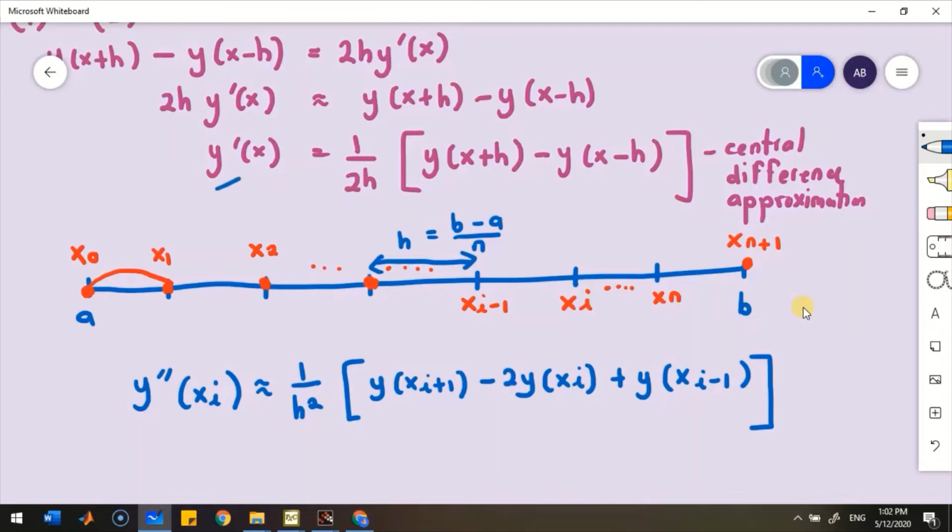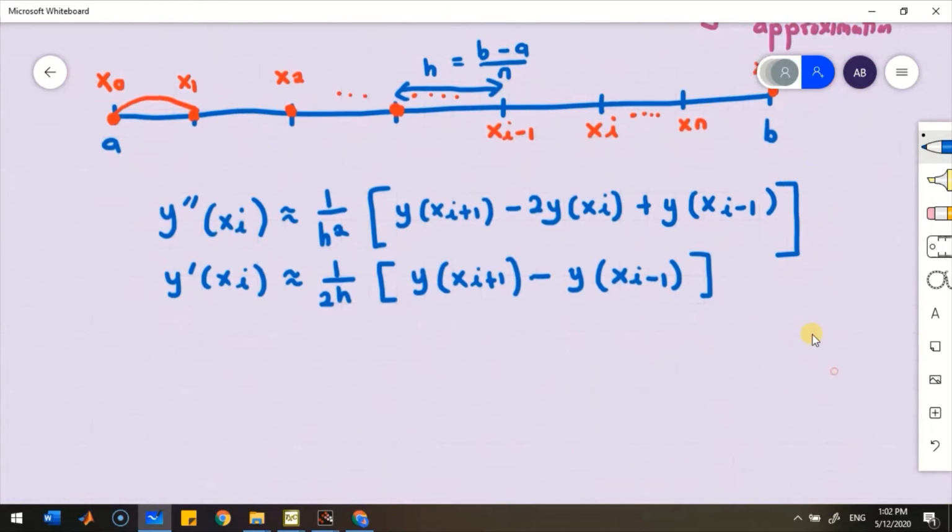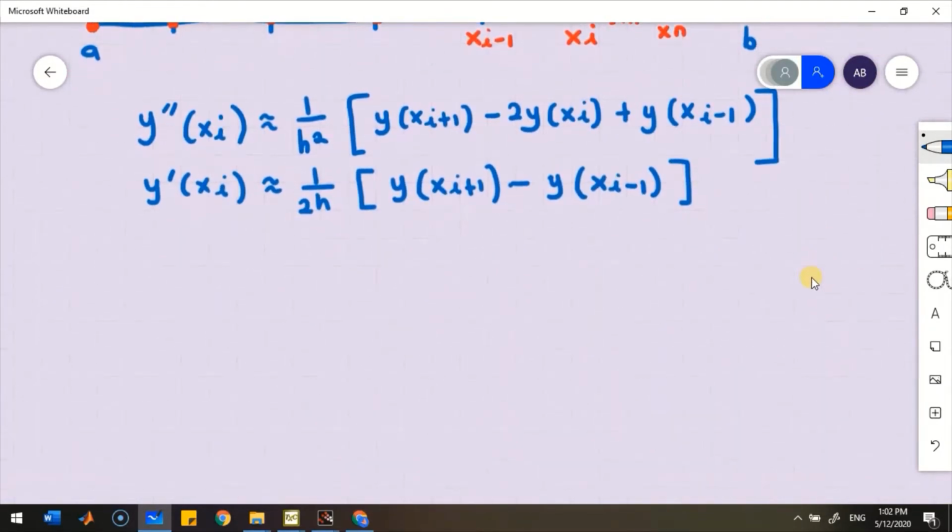Now I can write it in the form of a finite difference approach. Similarly, for my first derivative, y prime xi, I have 1 over 2h, y at xi plus 1 minus y at xi minus 1. So now we have obtained the finite difference approach for the derivatives. Put it into your standard form.